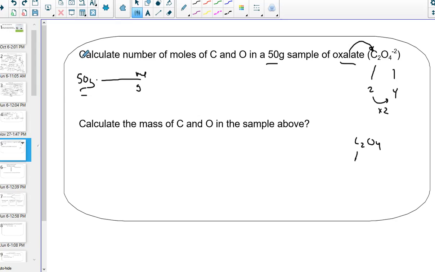So in this case, this guy is going to be 12.01 times 2, and this is going to be 16 times 4. So how much is one mole? This is going to be 24 plus 64. Use your calculator here if you want. 88 grams per mole.